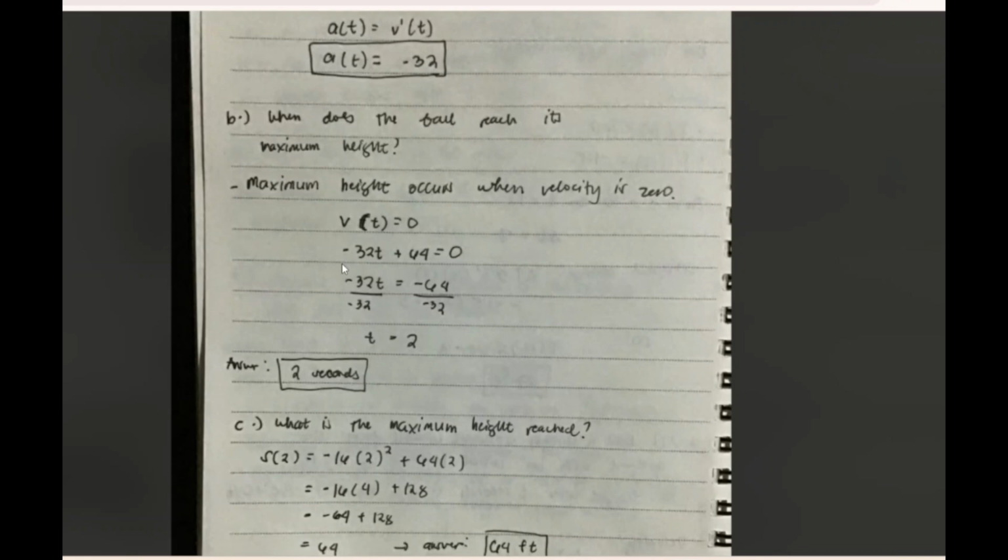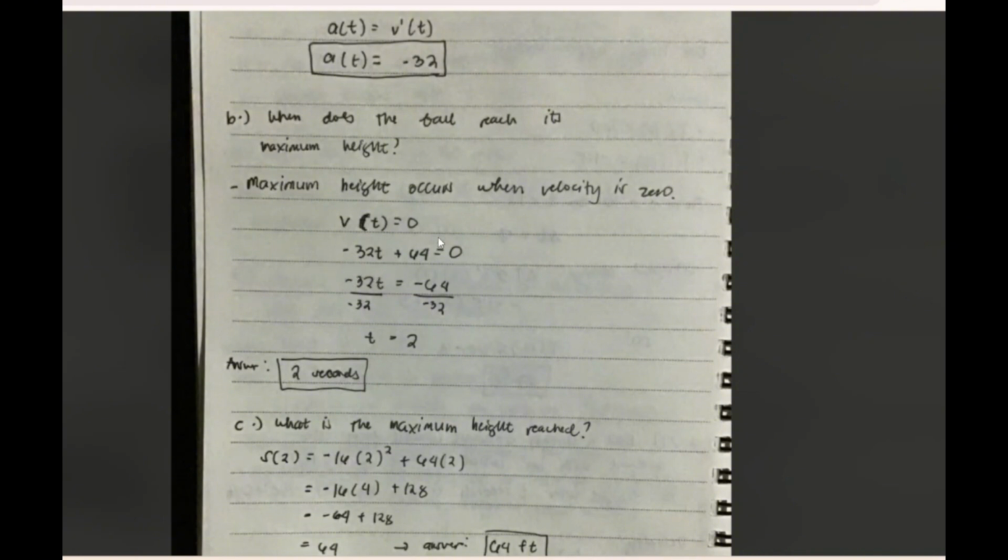So we will be calculating its maxima, or the maximum point. Maximum height occurs when velocity is 0. So let us set the differentiated position to 0. Earlier we obtained negative 32t plus 64, and then set it to 0.